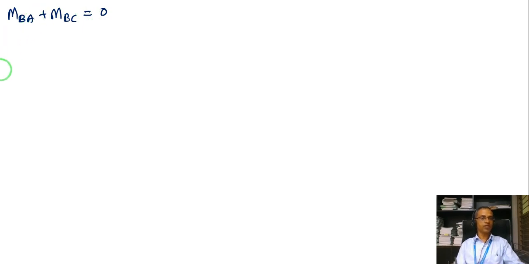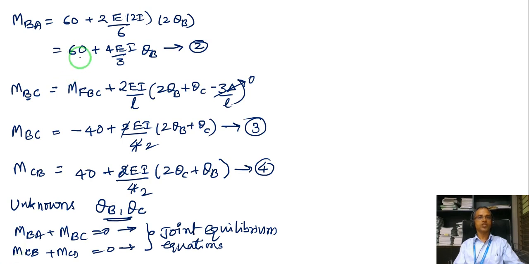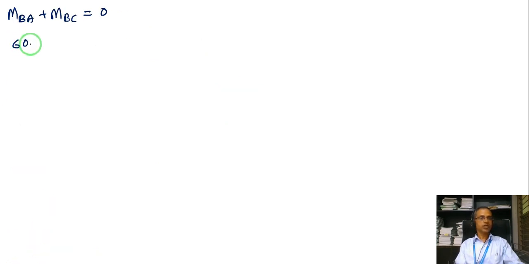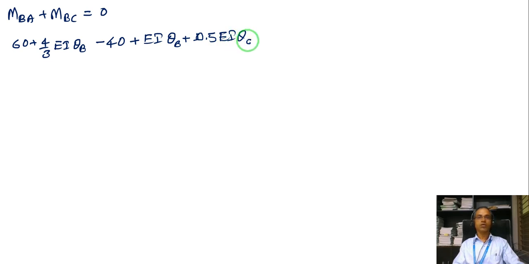MBA is 60 plus 4 EI by 3 into theta B, and MBC is minus 40 plus EI by 2 into 2 theta B plus theta C. Writing this out: 60 plus 4 by 3 EI theta B, and MBC is minus 40 plus EI theta B plus half of, that means 0.5 times EI theta C, equal to 0.